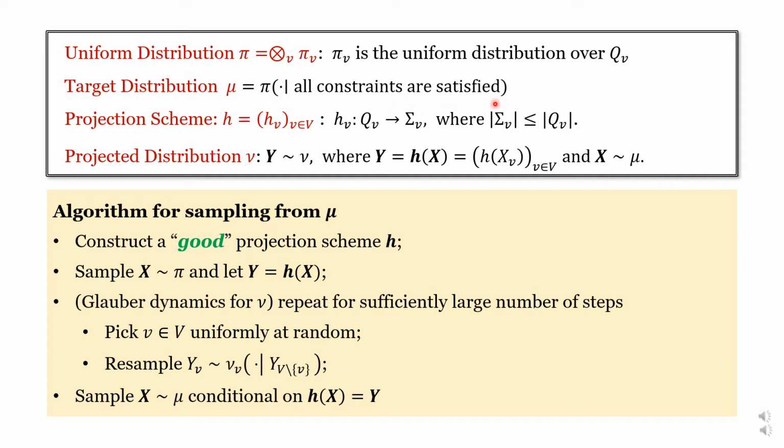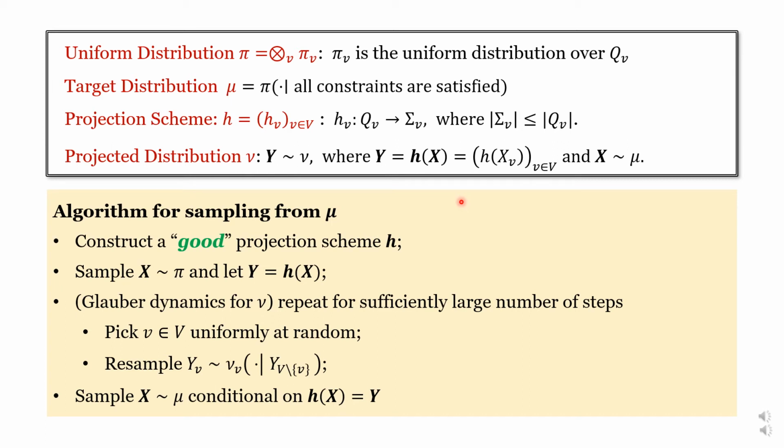A projection scheme is a set of functions h_v, where h_v is a mapping from [q_v] to some [sigma_v], where the size of sigma_v is no more than q_v. The projected distribution of mu is nu. If X follows the distribution mu, then the projection of X, h(X), follows the distribution nu.